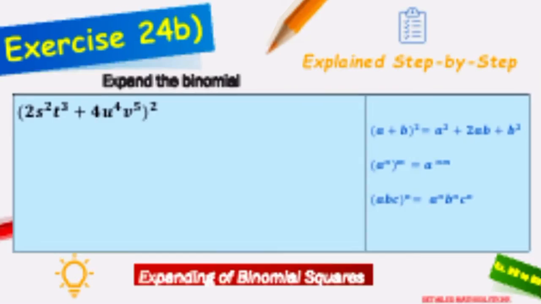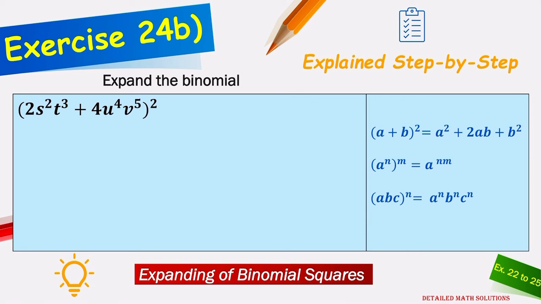Next exercise. Expand the binomial (2s^2 t^3 + 4u^4 v^5) squared.